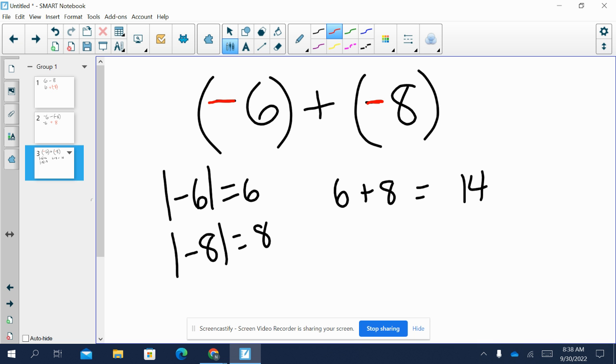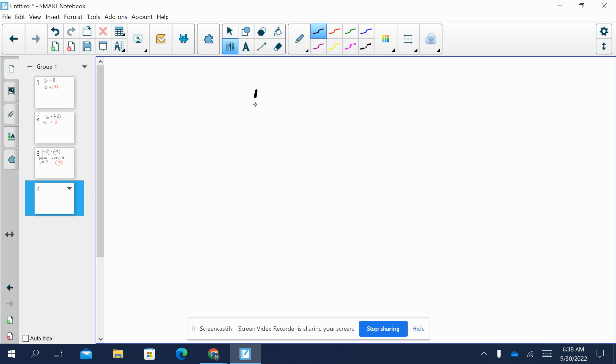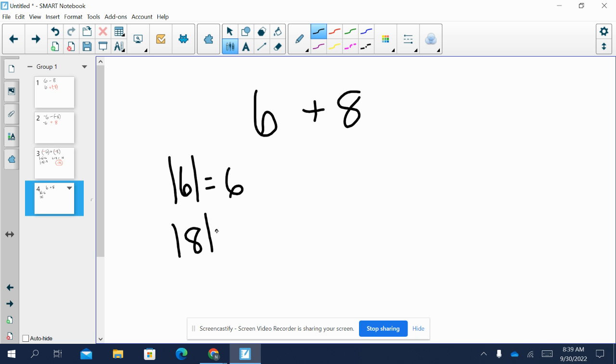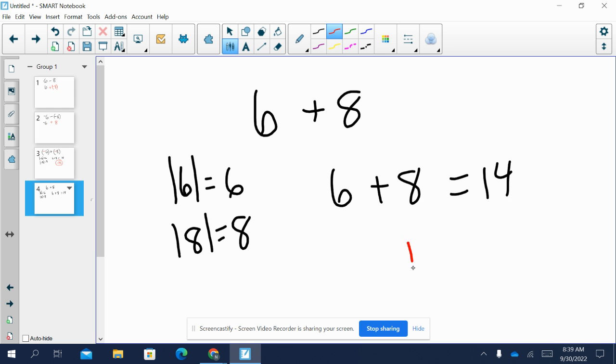So negative quantities building on even more negative quantities overall is going to give me a negative quantity. Okay? And that's the same with positive numbers. 6 plus 8, the absolute value of 6 is 6. The absolute value of 8 is 8. And 6 plus 8 is 14. Since they were both positive numbers, my overall answer is a positive number.